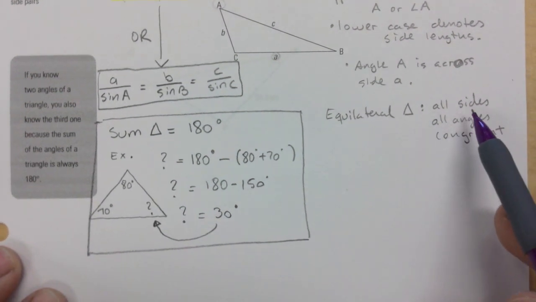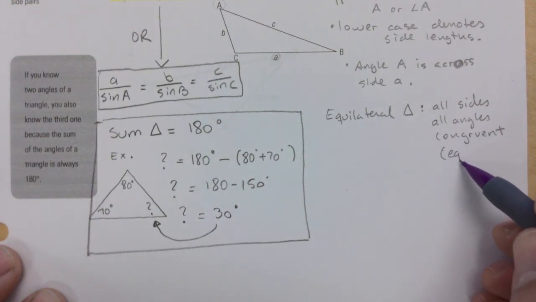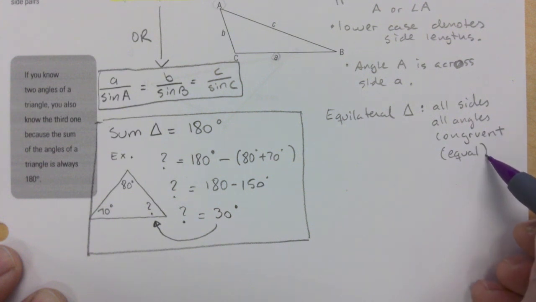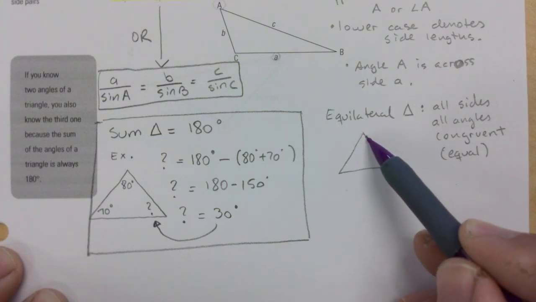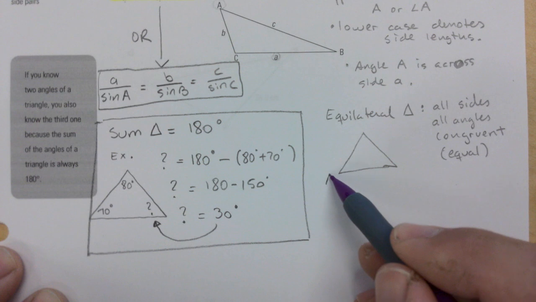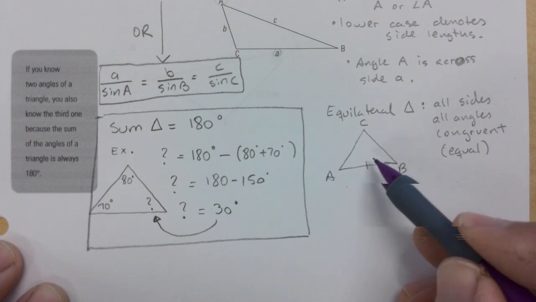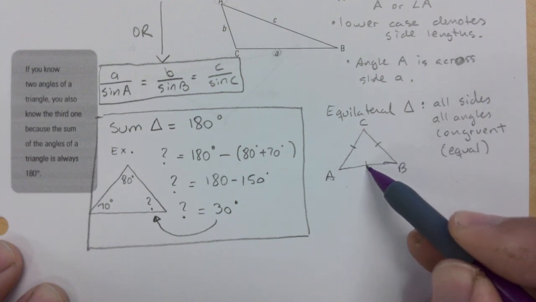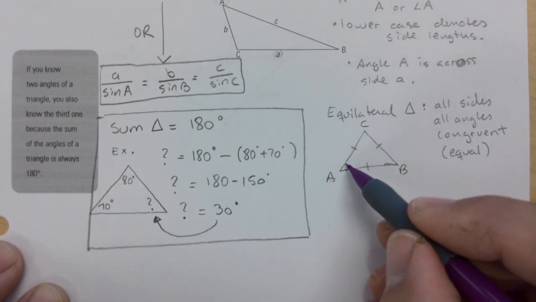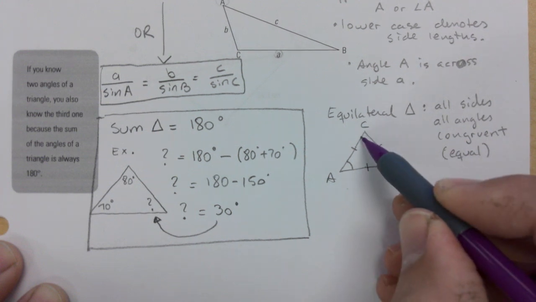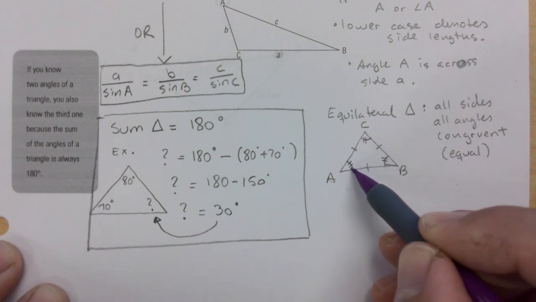Equilateral triangle means that all sides and all angles are congruent. What does congruent mean? It's just equal. It's another fancy word for equal. So if you have ABC like this, when you see the markings like that, that tells you that these three sides are exactly the same. And they would have markings in the angles with two lines like this, indicating that these three are also the same.